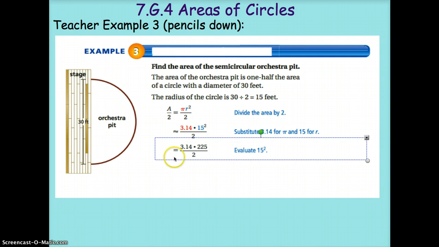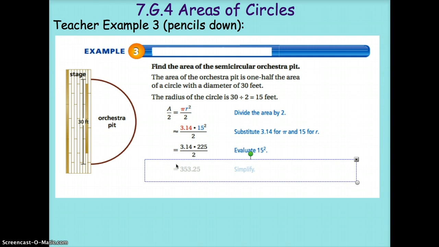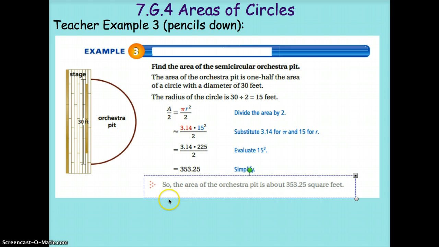We've now squared 15, then taken care of our multiplication, and finally our division. So make sure you're following each of those steps. Of course I cannot leave my answer like this. It is a word problem. We do need words in our answer. The area of the orchestra pit is about 353.25 square feet.